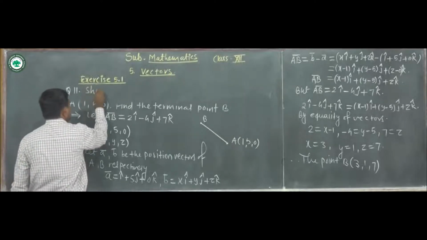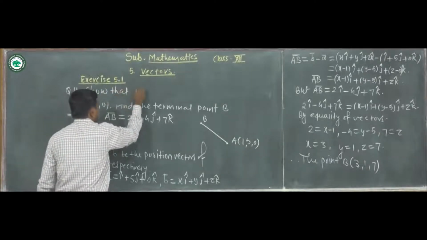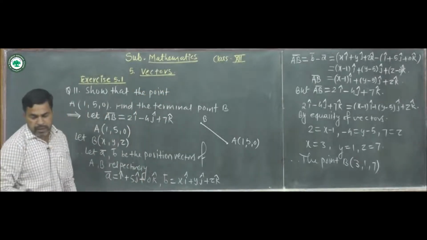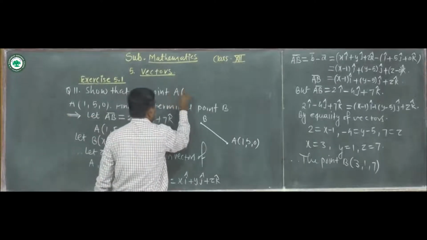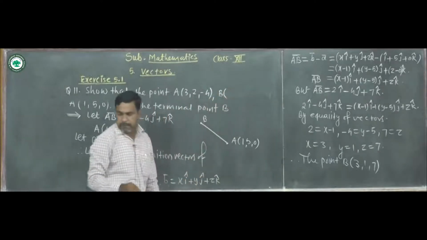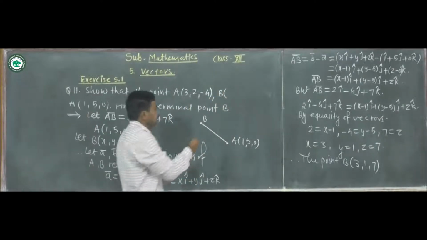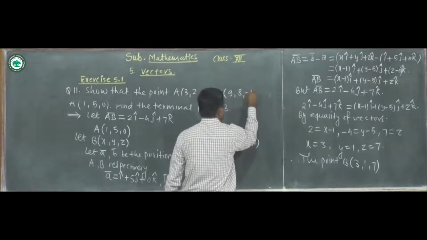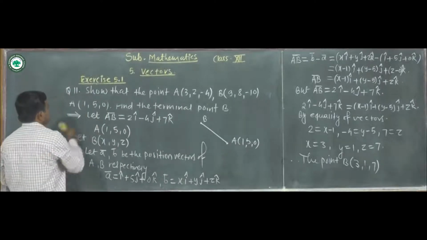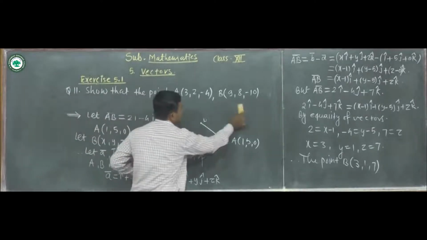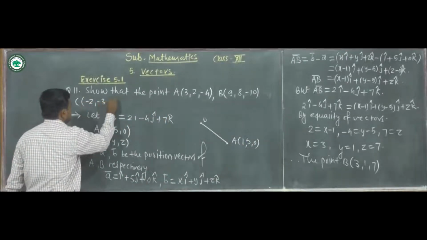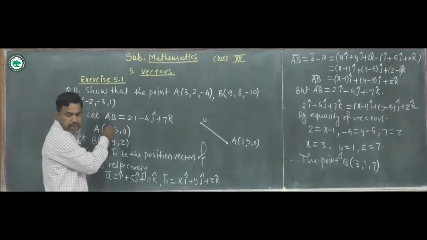Show that the points A (3, 2, minus 4), B (9, 8, minus 10), and C (minus 2, minus 3, 1) are collinear.